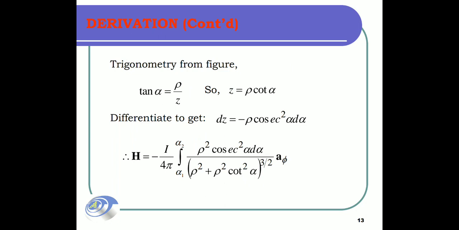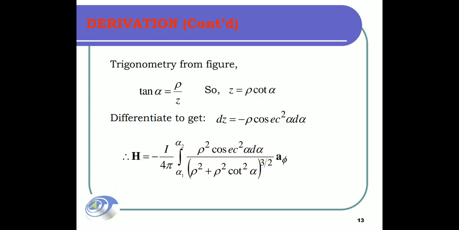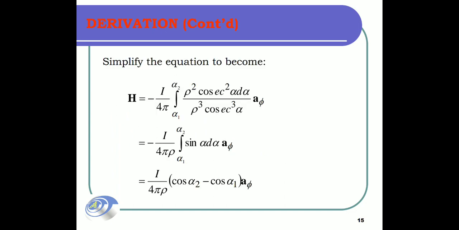So taking this rho squared outside, I'll just have rho cube. So I'll have 1 divided by rho, and 1 plus cot squared alpha, which I take outside. Okay, 1 plus cot squared alpha is cosecant squared alpha. So substituting all this, your rho squared gets cancelled out. So I'll have 1 by rho. Again, cosecant squared over cosecant cube, I'll have 1 by cosecant. So 1 by cosecant is sine.